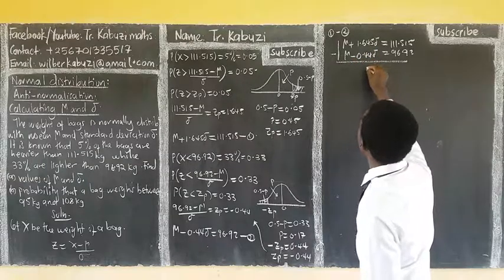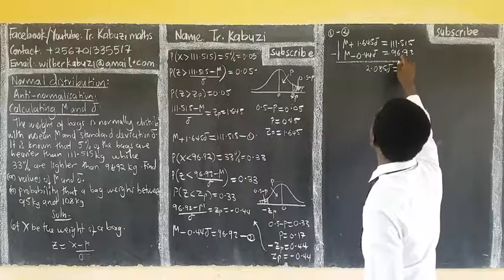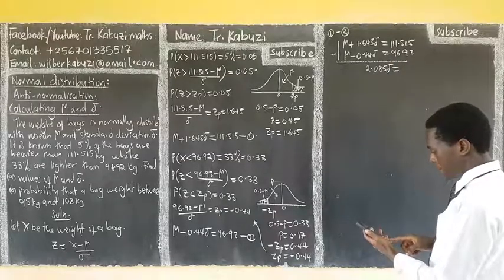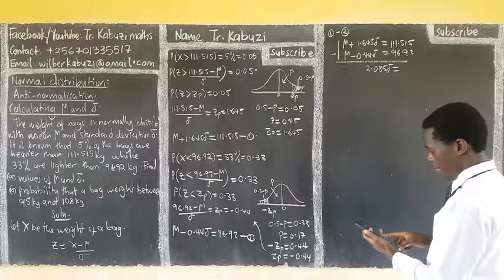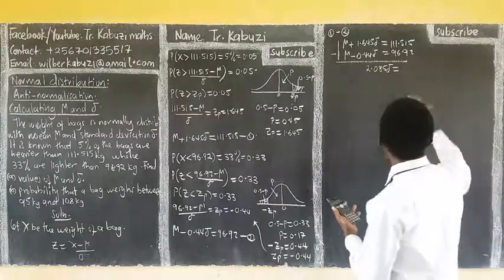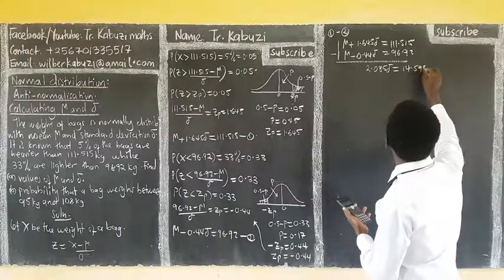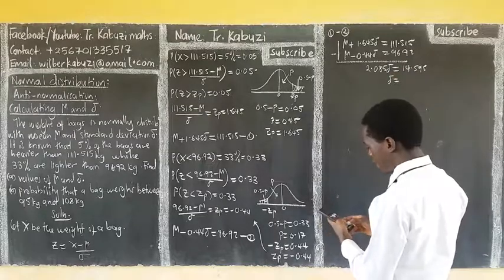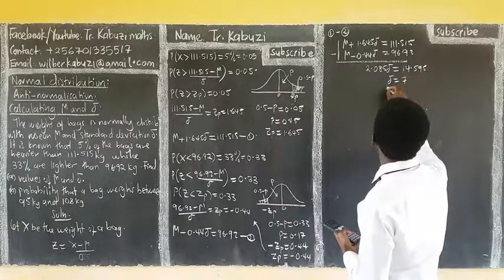So we shall be adding 2.085 sigma equaling to, we subtract that. So here I'm getting 14.595. So my sigma, if I divide that with 2.085, the answer is 7.